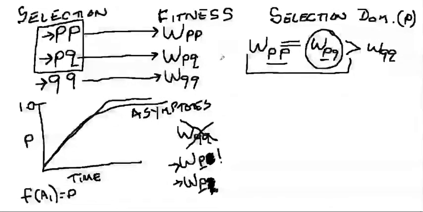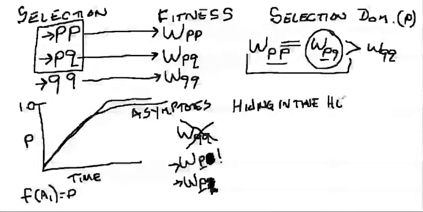So what ends up happening in selection for a dominant allele is we get what's called hiding in the heterozygotes.